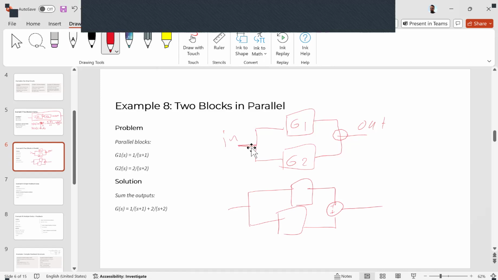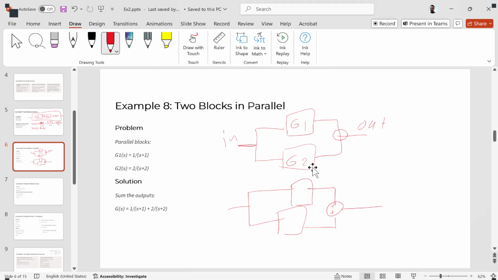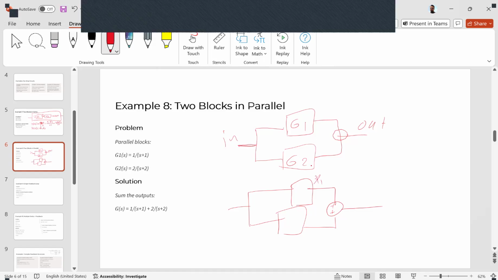Another type. Now, if this is G1 and this is G2, and we want to find the H of S, which is the output over input, let's call this one X1, this one X2. We know the output is X1 plus X2, correct? Now, what is X1 and X2?